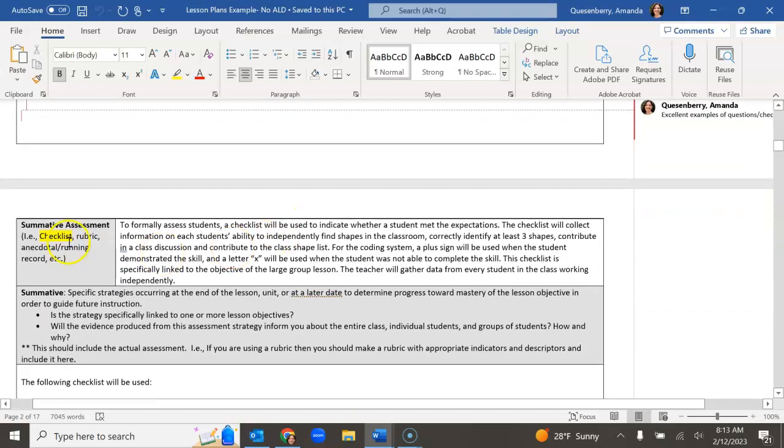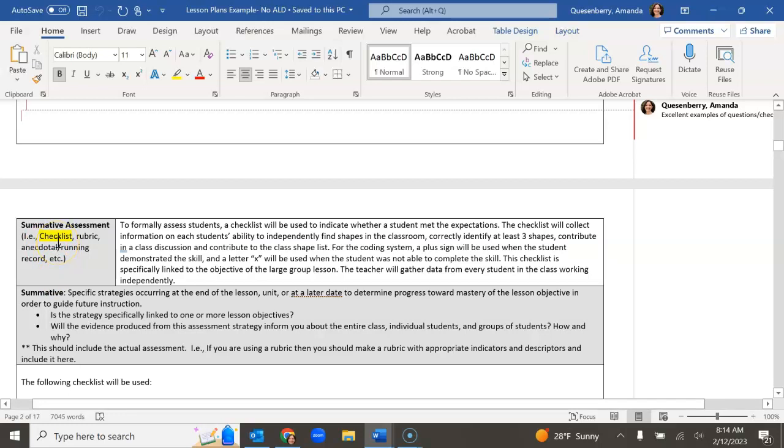Now, when we get ready to do the summative assessment for your large group lesson plan, which aligns with your lower level lesson objective, you will be asked to do a checklist. Okay, so as we've just discussed in the presentation that I recorded earlier today, a checklist is a quick and easy way to gather information about a specific topic.